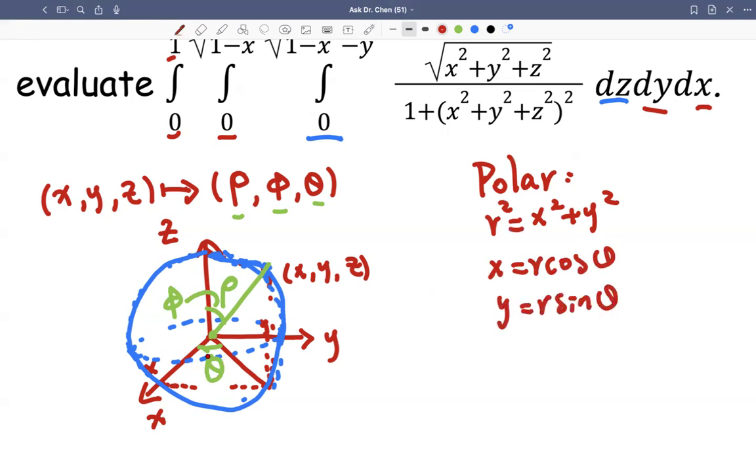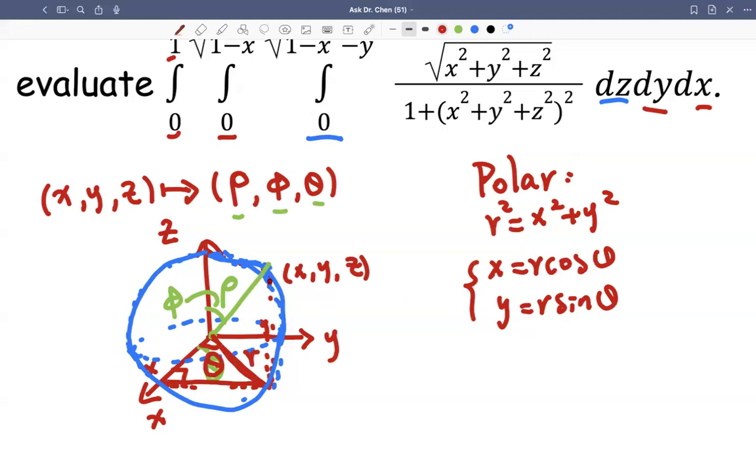That's from this triangle. This is a 90-degree angle. This is the x value, this is the y value, this is r, and this is theta. So clearly from this right triangle, we see the relationships of x, y, and r. And also r squared equals x squared plus y squared.